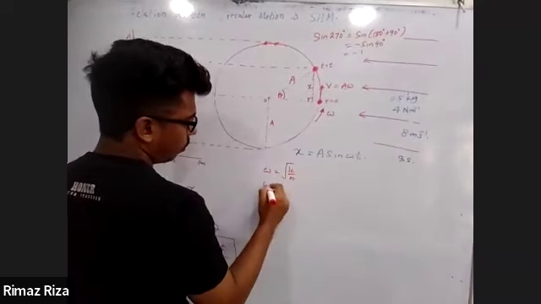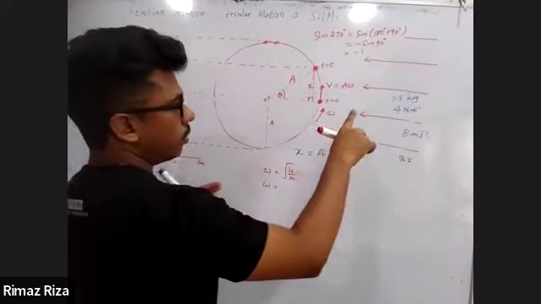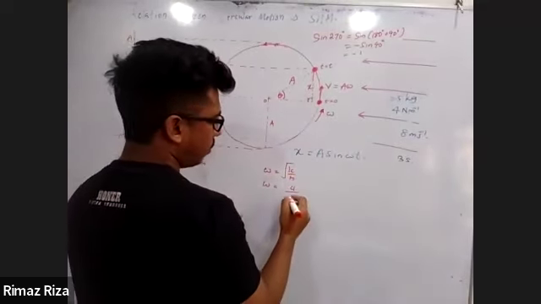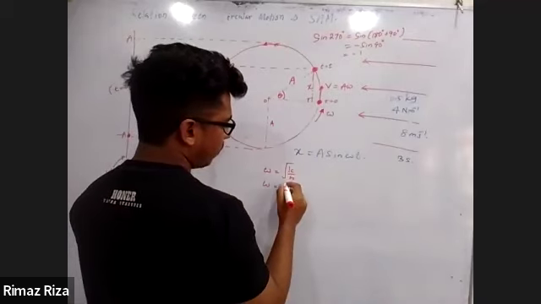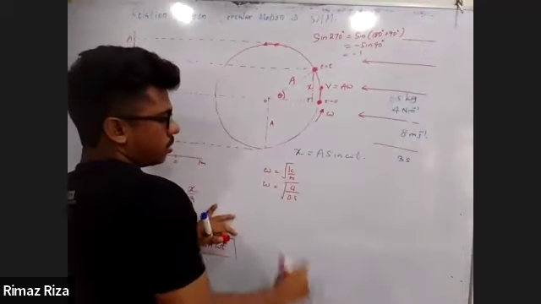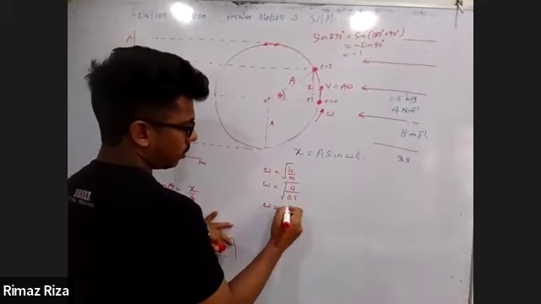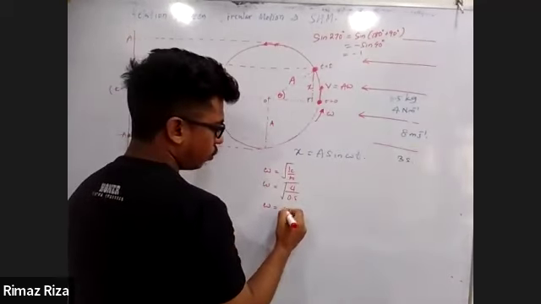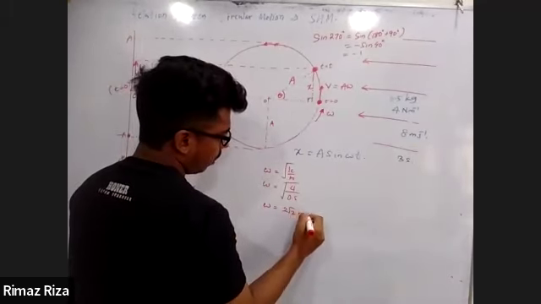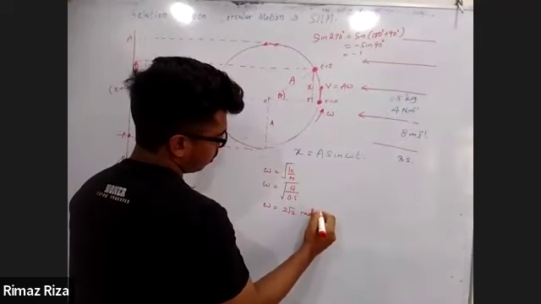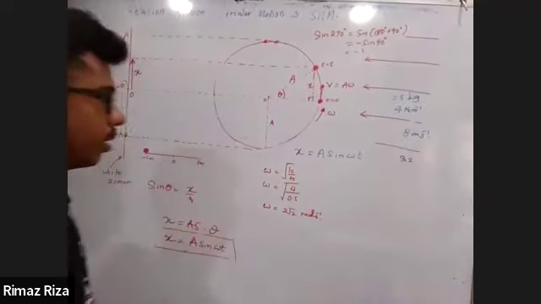So omega equals the square root of 4 divided by 0.5, which is square root of 8, so 2 root 2 rad per second. That is omega.